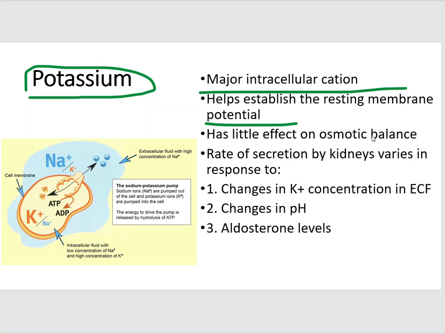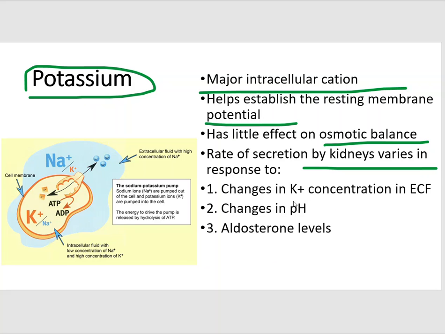Potassium is a major intracellular cation. It's all there for the resting membrane potential. Doesn't really play a big role in osmotic balance. Secretion by the kidneys. Why do I put potassium inside the DCT to go out in the urine?